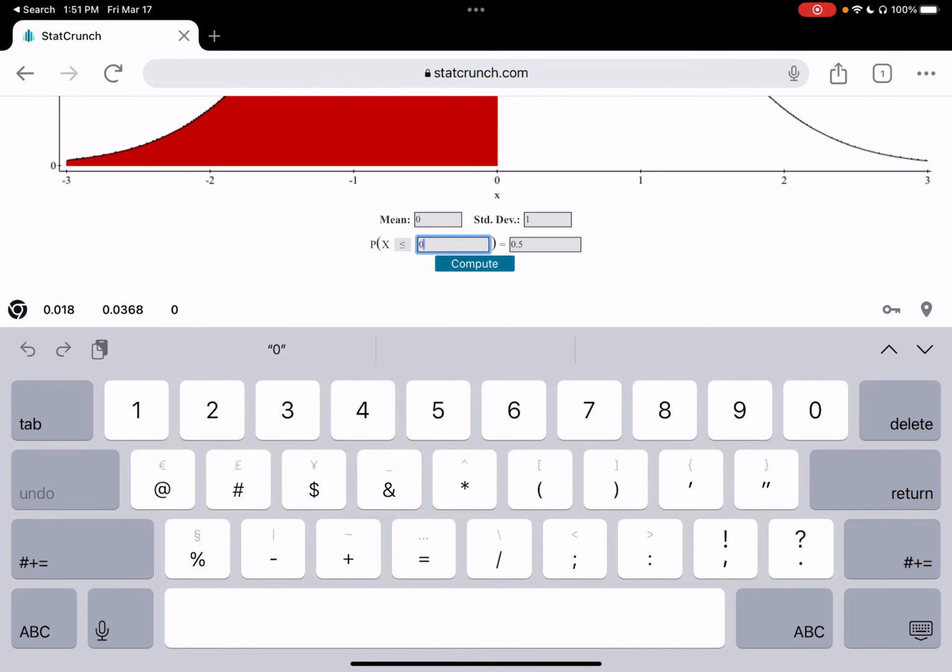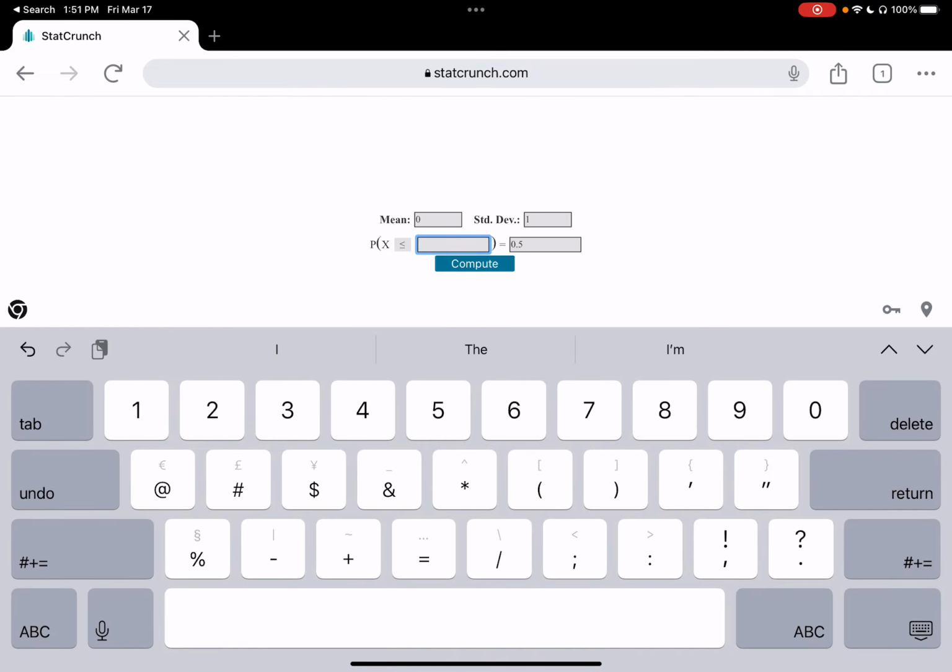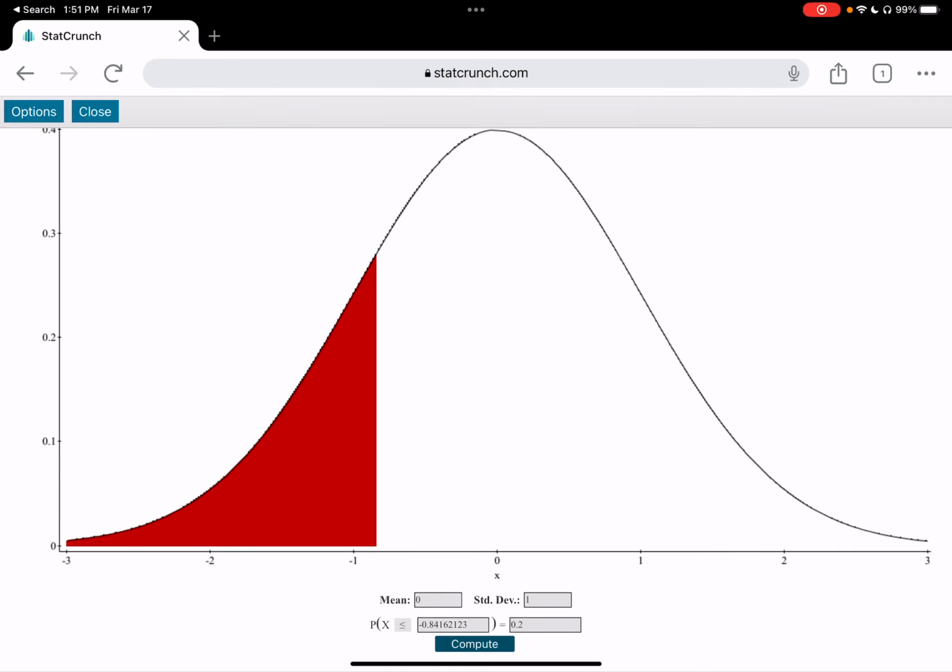Instead of filling out where I would normally put in my x value or z value, I'm going to leave that blank. Over here, I'm going to say the probability or the area is equal to 0.2. I want the left-hand side, so I'm good with the less than or equal to. I'm going to ask it to compute.